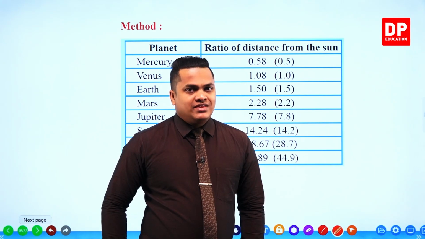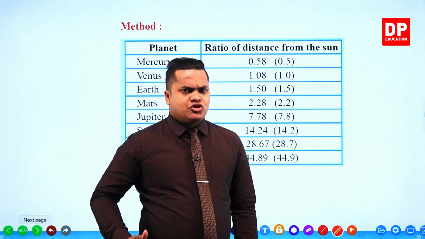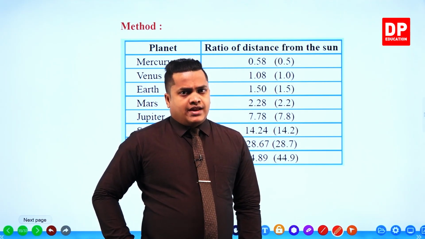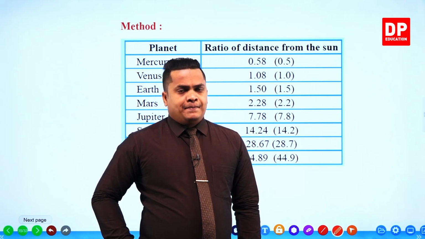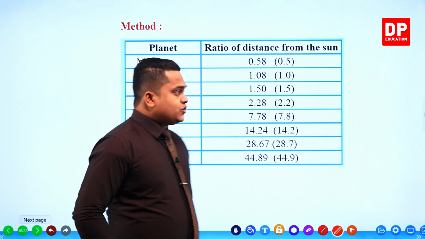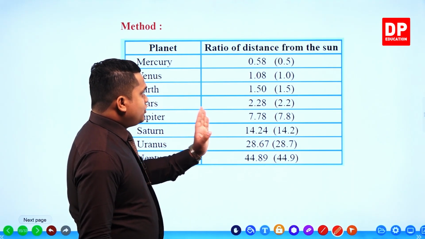You can use any kind of scale. Here we are going to take a measurement, so a meter ruler would be great. However, you can use any kind of measuring tool. Here we'll be using the ratio of the distance from the sun.